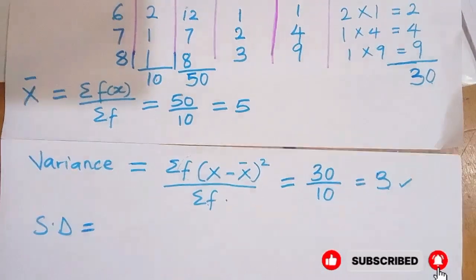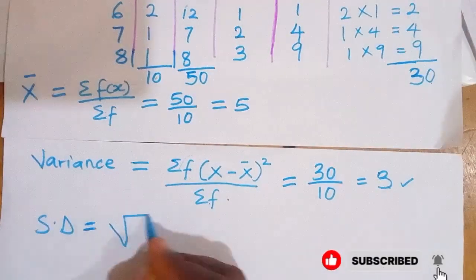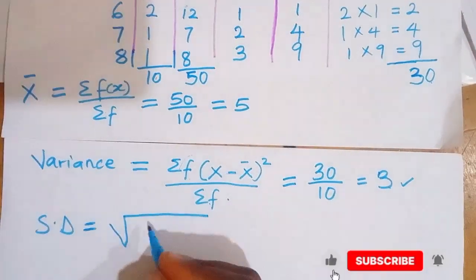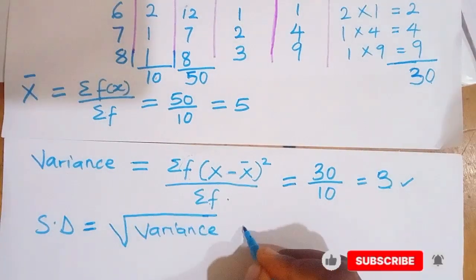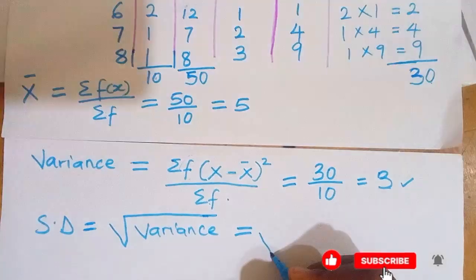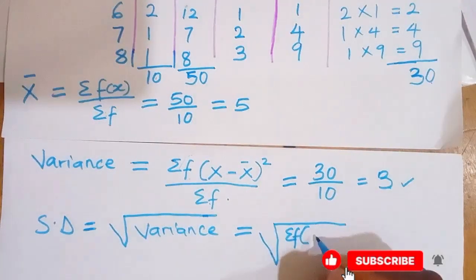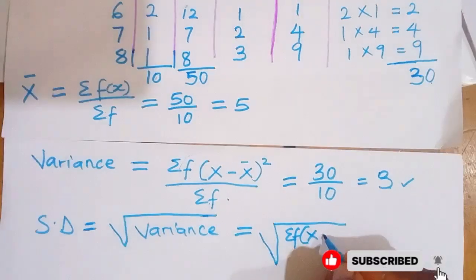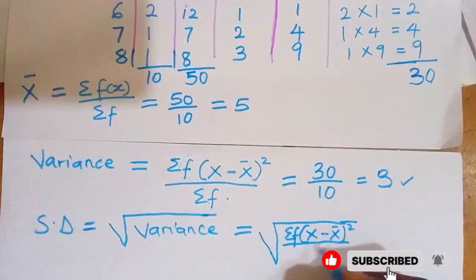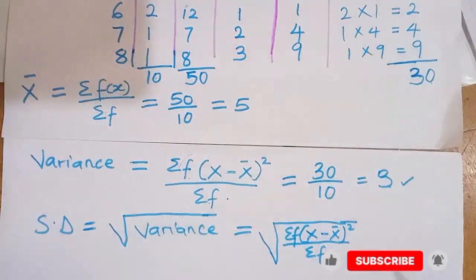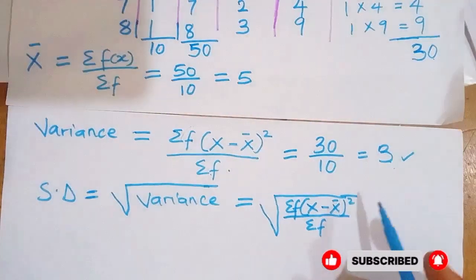Please know, standard deviation is the square root of the variance, which is the same thing as saying the square root of summation f open bracket x minus the mean close bracket squared, divided through by summation f. That is the square root. And you can see we have gotten the answer for the variance.